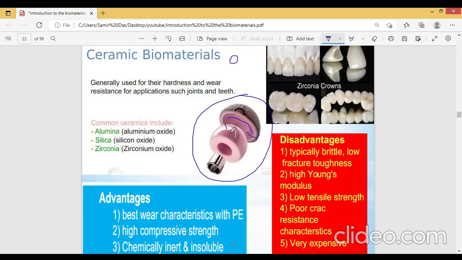Where the bearing action is taking place, there we use ceramic biomaterials to make it strong as well as to minimize the wearing action. The most common ceramic biomaterials are alumina, silica, and zirconia.